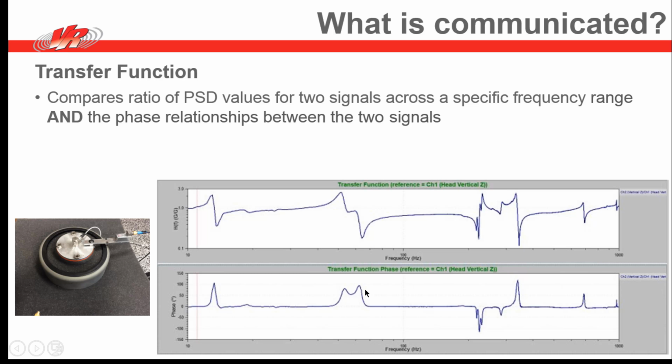At other places it's 90 degrees out of phase, or minus 90. So you're seeing that the beam and the head are not always vibrating in phase. So the transfer function would be a tool that you would want to use to compare in what way the end of the beam and the shaker head are vibrating in terms of their phase and their amplitude.